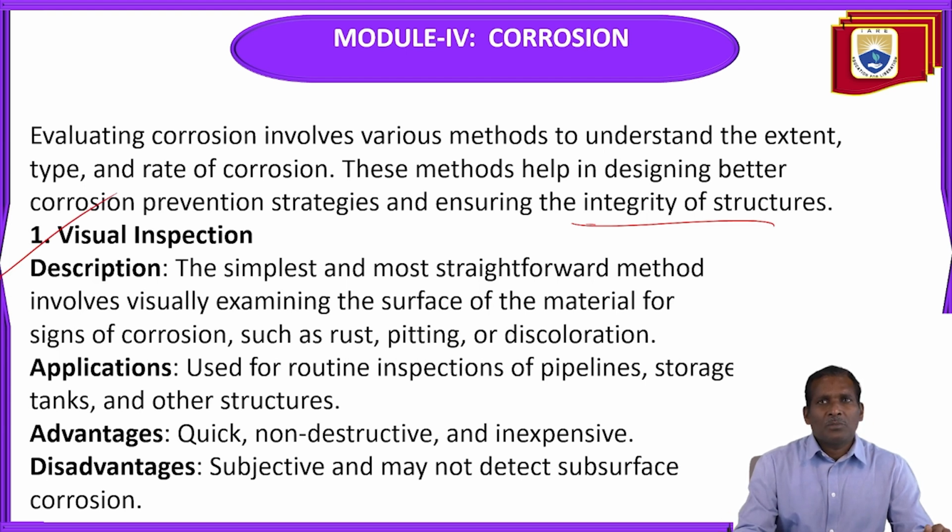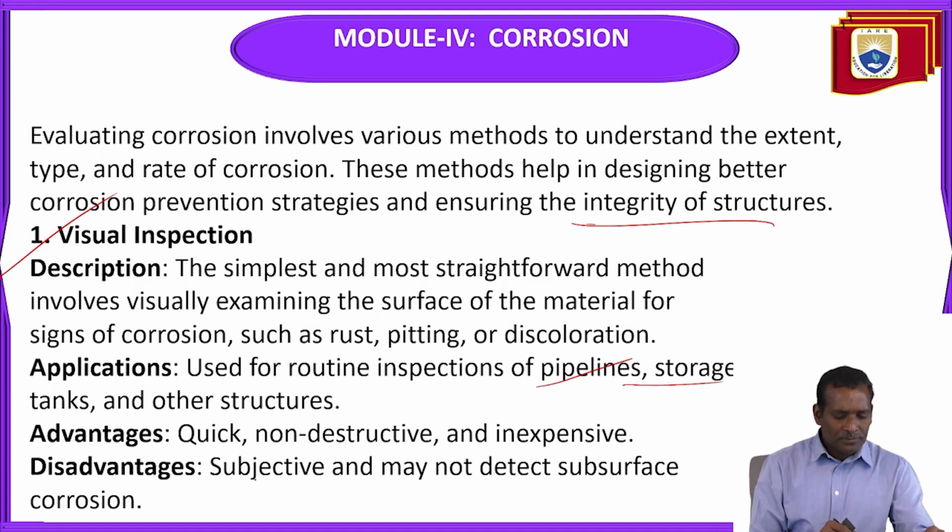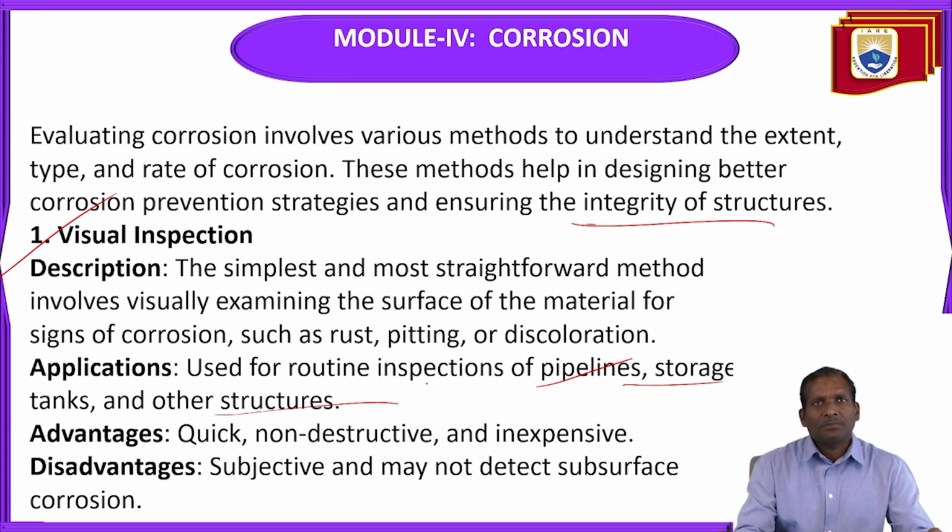The simplest and most straightforward method involves visually examining the surface of the material for signs of corrosion such as rust, pitting, or discoloration. The applications are routine inspections of pipelines, storage tanks, and other structures.